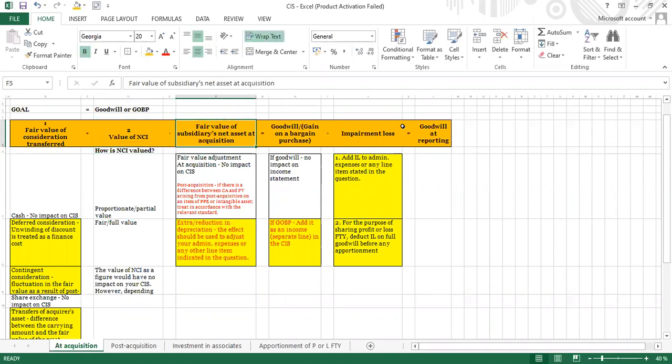The third is fair value of subsidiary's net assets at acquisition. These are the three ingredients. So when you add 1 plus 2 minus 3, you will get goodwill. What we just did was to say, for each of these ingredients, how does it affect your income statement?